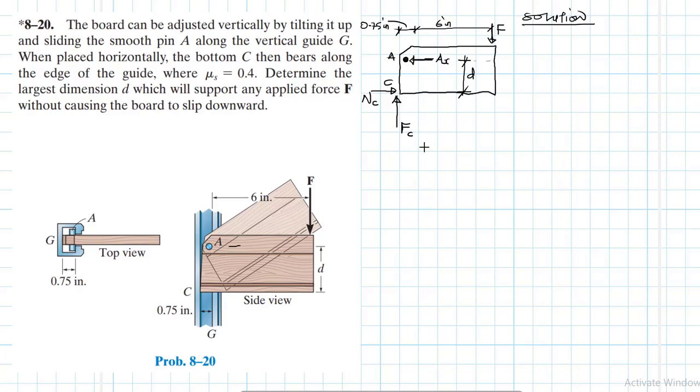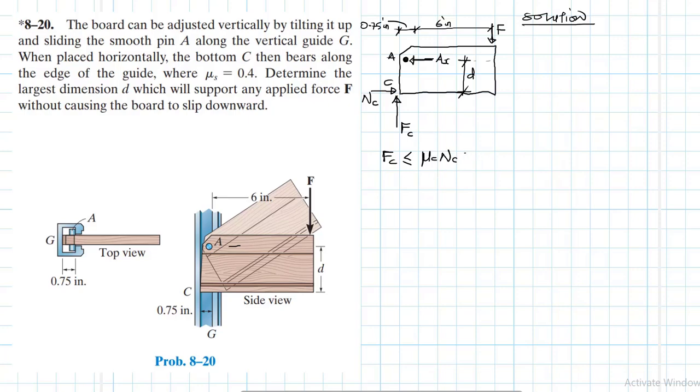So for this board, because we do not want it to move anytime we apply a force, for the board not to move downwards once we apply the force, FC must meet this condition: FC must be less than or equal to mu C times NC.